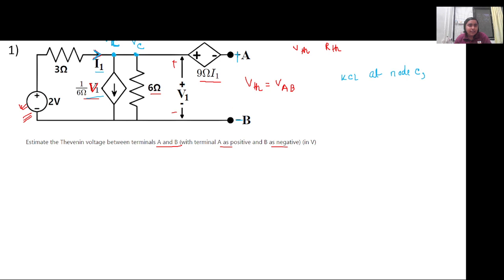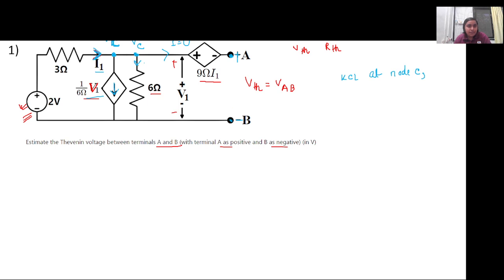Here the I1 current is flowing into the node, 1 by 6 V1 current is flowing out of the node, and here a certain current will flow through the node, whatever it may be. Since A and B are open circuit terminals, the current here will be equal to 0.